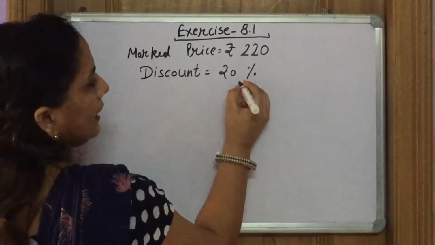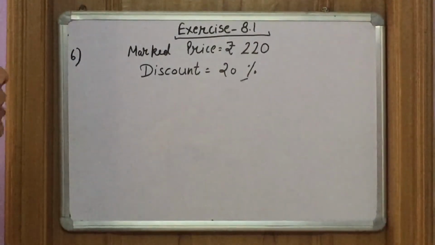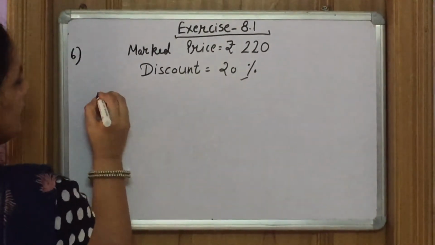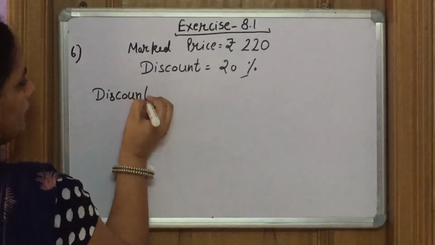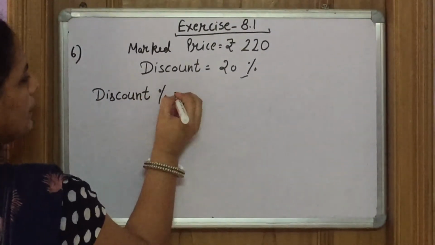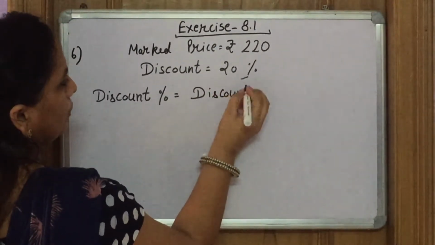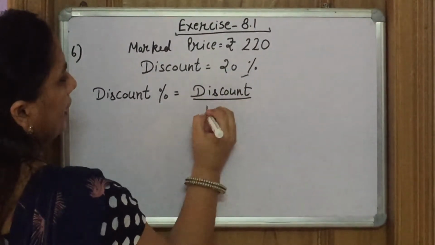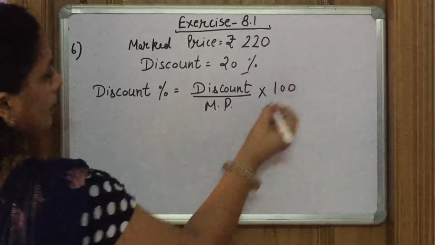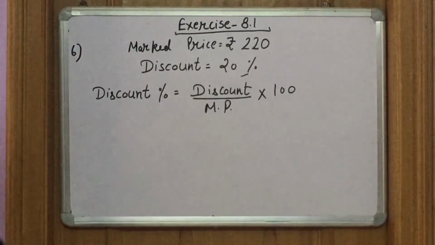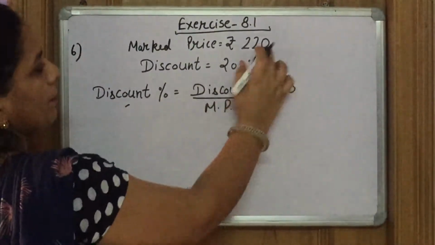Here you are given discount percentage and you know the formula of discount percentage, which is discount percentage is discount divided by mark price and multiplied by 100. And in the statement we are given discount percentage and also the mark price.